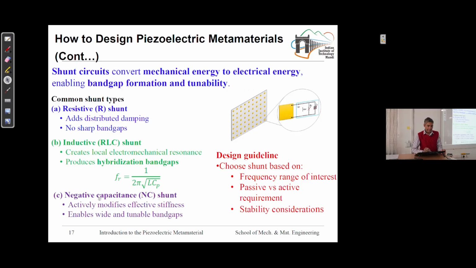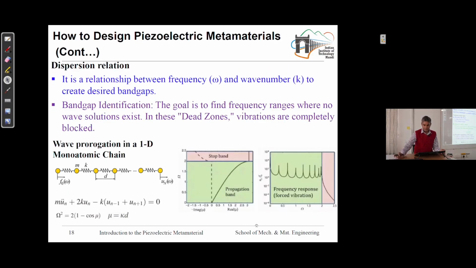Then we have negative capacitance, when the capacitance is negative. This can be done with the help of tunable band gaps. Design guidelines: choose the shunt based on the frequency range of interest, that is, whether you have to use R, or RLC, or negative capacitance. Then passive and active requirements, and stability considerations.